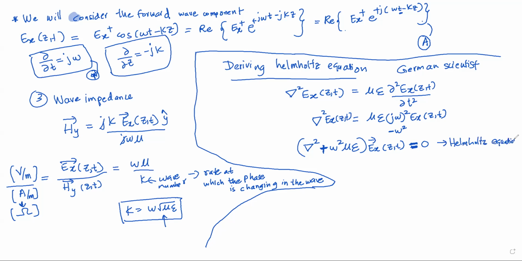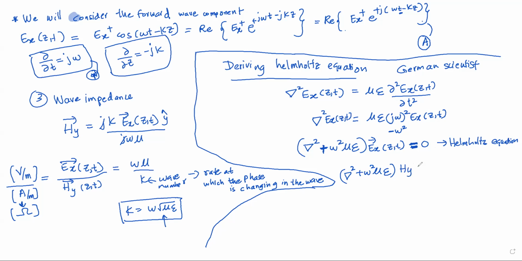We can write a similar equation for the magnetic field also, right? That is where we replace this Ex with Hy. Magnetic field also follows this wave equation, and we can substitute j omega for that equation as well.